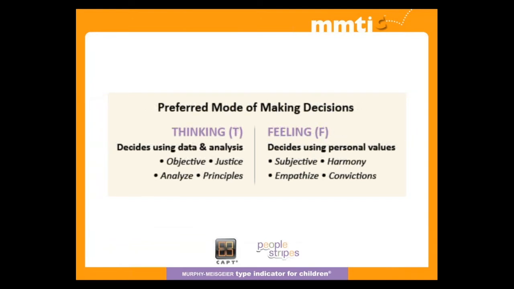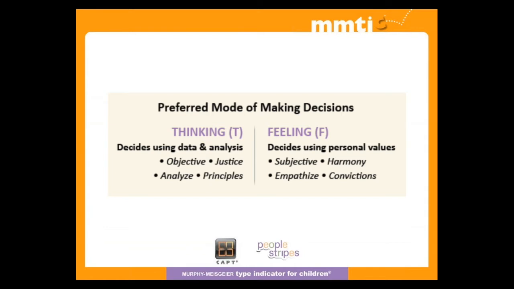With thinking, we know that the student is looking at things logically, objectively, that they are driven to find the best answer that will work at that time. They tend to think beyond the individual and think more for a group or a country or a world. So it's not a personal association, it's much more of a conceptual association.